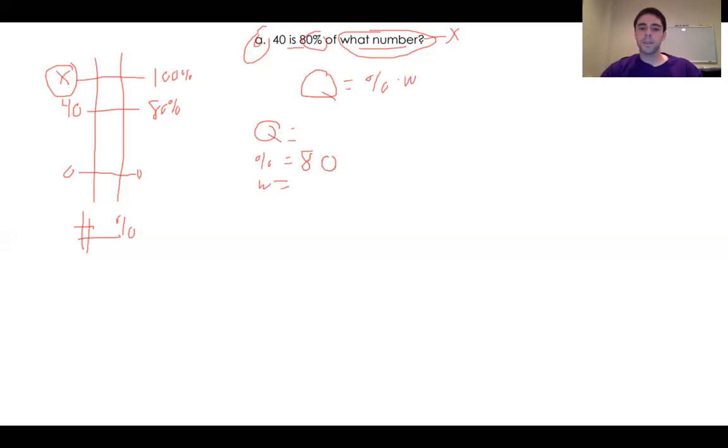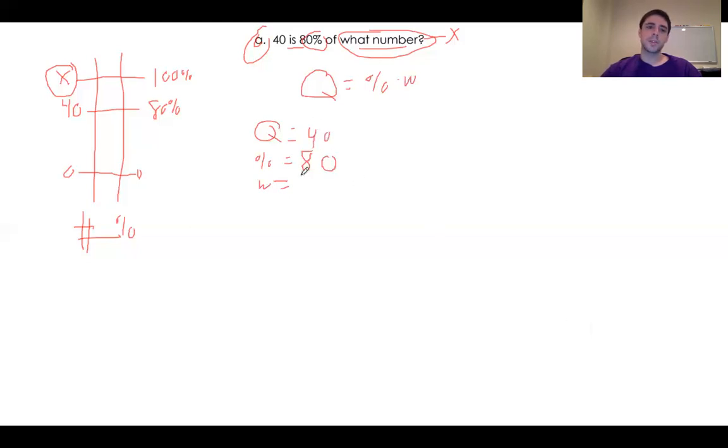But why do we think 40 is our quantity? It's on the number side. That's correct. Let's get more specific than that. It's a number, but the whole could also be a number.